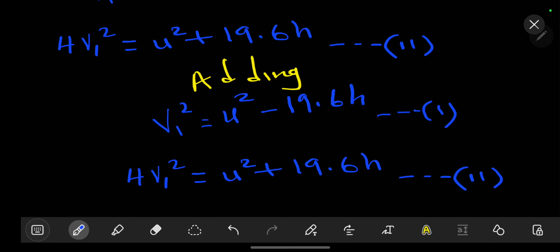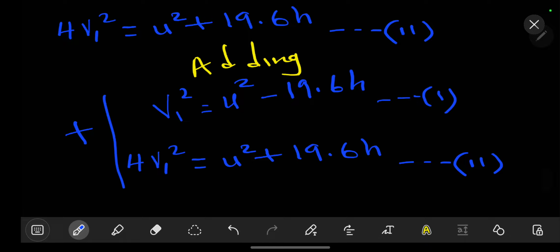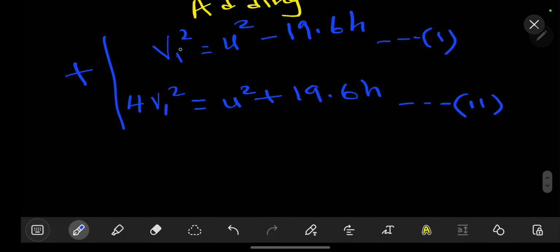So adding these two, we are going to end up with our positive. The reason why we are adding is so that we can get rid of some things. So v1 squared plus 4v1 squared will give us 5v1 squared should be equal to u squared plus u squared, which shall be equal to 2u squared.